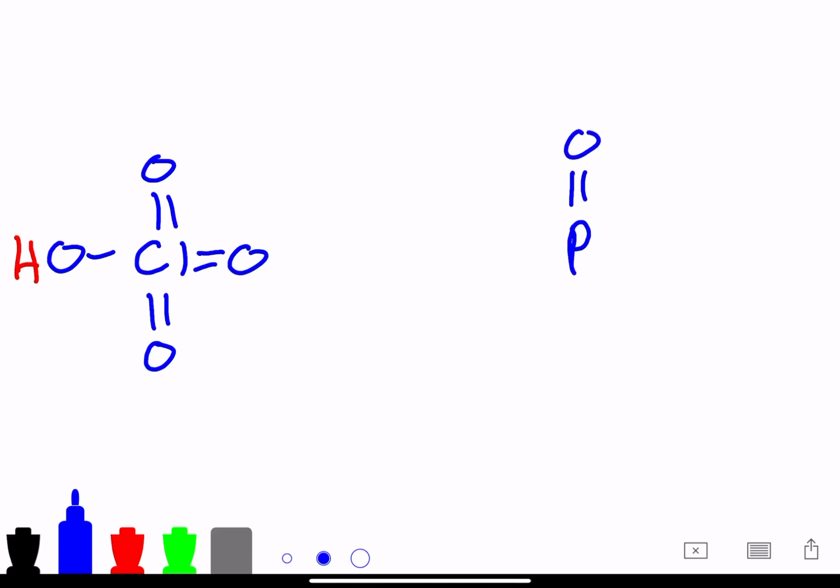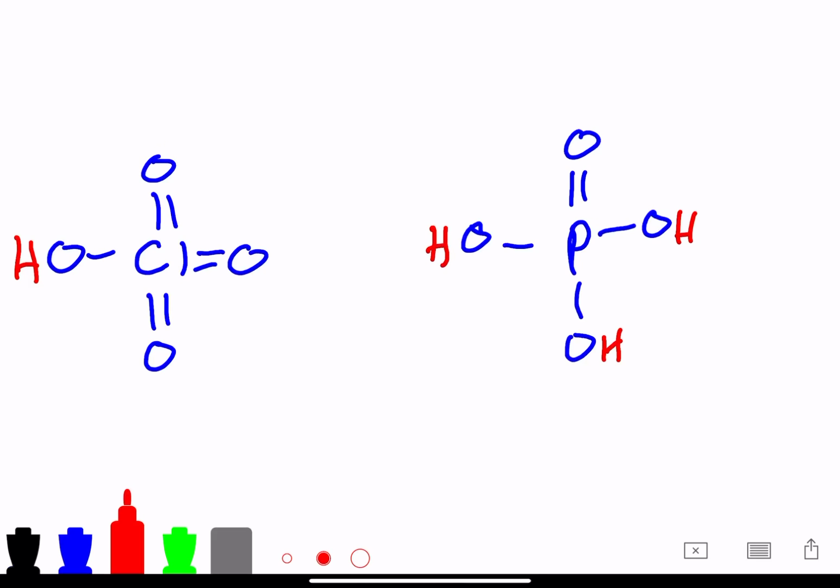Phosphoric acid is going to be phosphorus centered with 4 oxygens around it, 1 of which is double bonded. The rest are single bonded with a hydrogen on that oxygen.